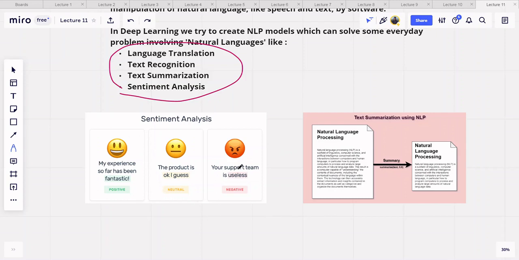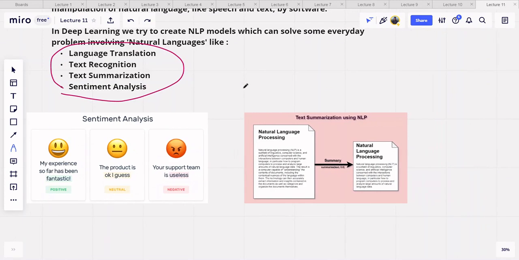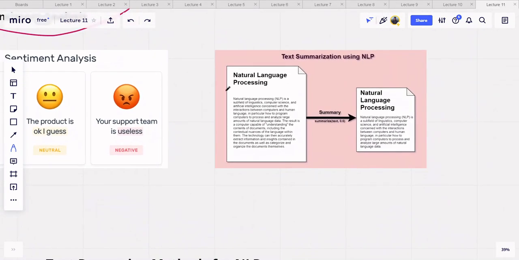Then there is text summarization, which is one of my favorite applications. You give a big chunk of text to the model, and the model will summarize this entire chunk of text in just a few lines. For example, you can give the model a newsletter, and the model will summarize the entire newsletter into a few lines.